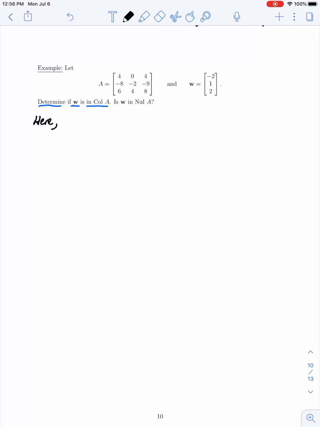Here we would say W is in the column space of A if A times x is equal to W for some vector x in R3.